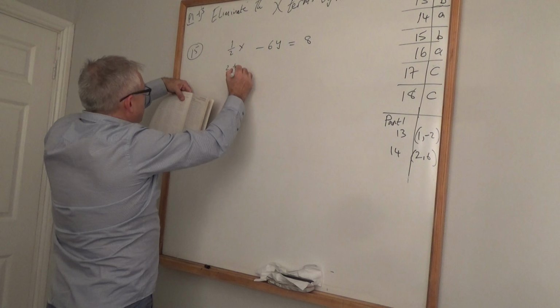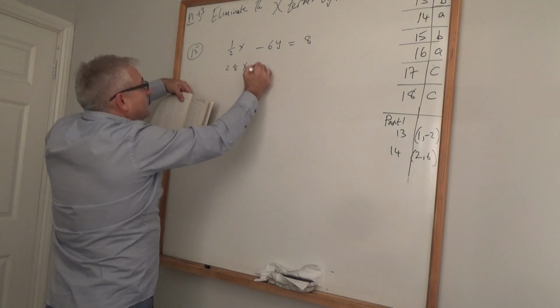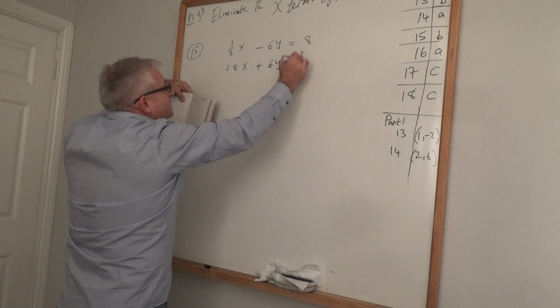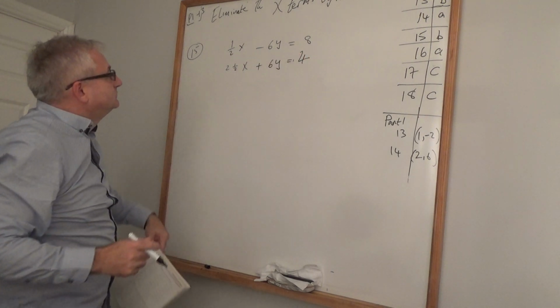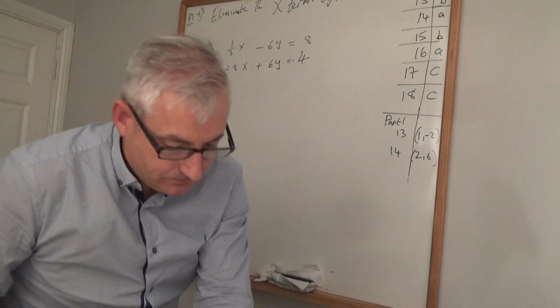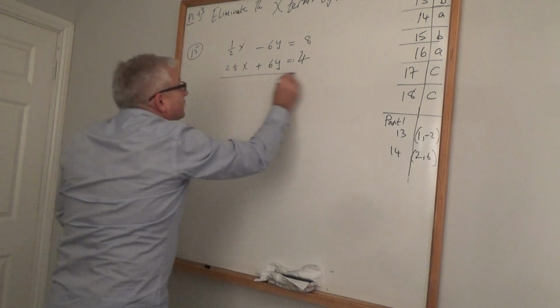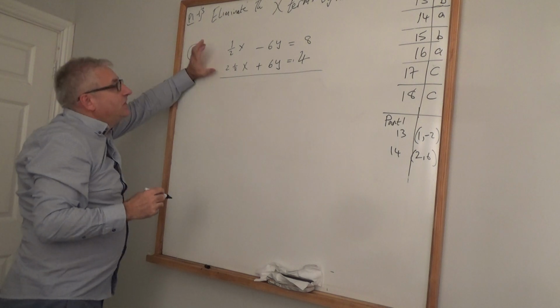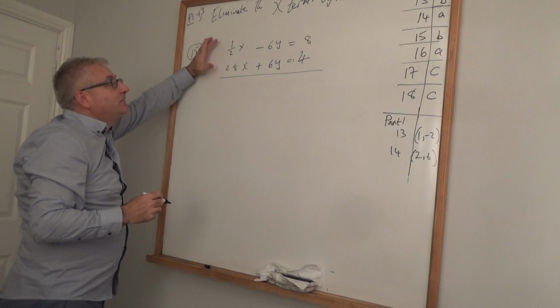So you can call this a spanner in the works, a little bit of a challenge. So 2 ways of doing it. One is to do what you always do and just add them, and 2 and a half is 3x. The other thing is double top and bottom to clear the fractions.